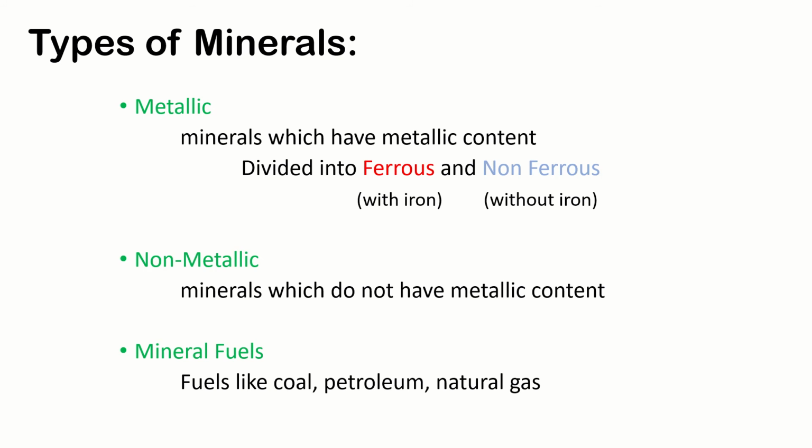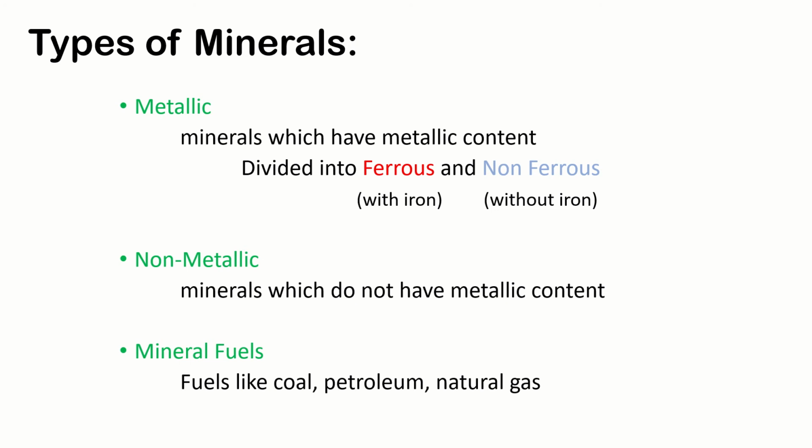They have metals in them, maybe one metal or maybe a group of metals. Sometimes they are divided into ferrous, which means having iron, or non-ferrous, which means without iron.